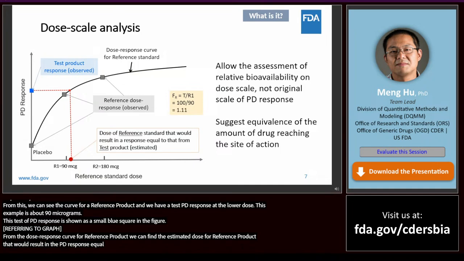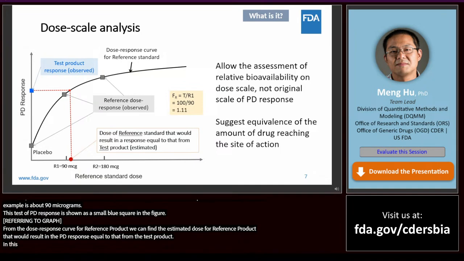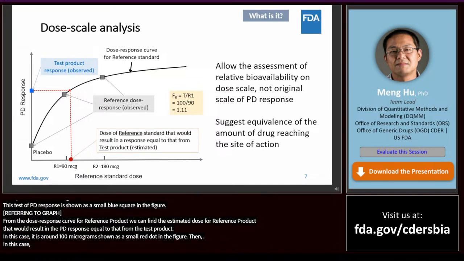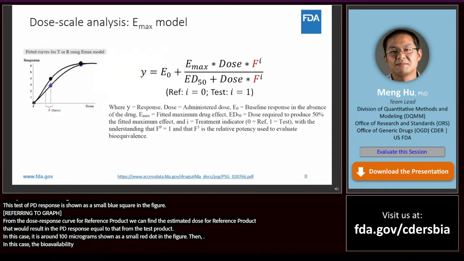In this case, it's around 100 microgram, shown as a small red dot in the figure. Then, the relative bioavailability F can be calculated from the estimated dose, which is 100 microgram, divided by the actual dose, which is 90 microgram. So in this case, the relative bioavailability F is 1.11.